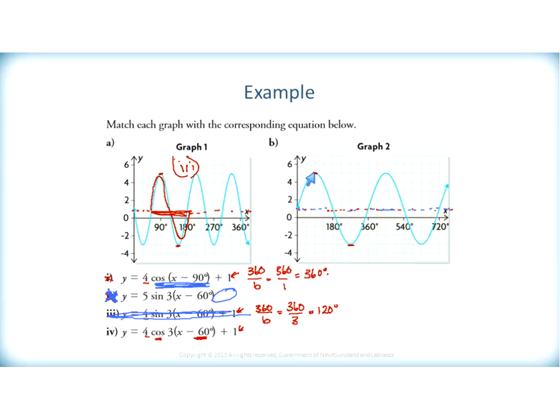So if we have a period here of 360 degrees, we are good. We go from 90 to 450, from maximum to maximum, which is 360 degrees. So this one will be equation 1.